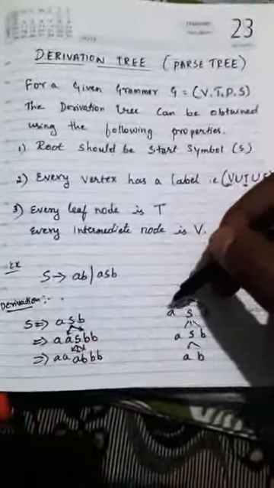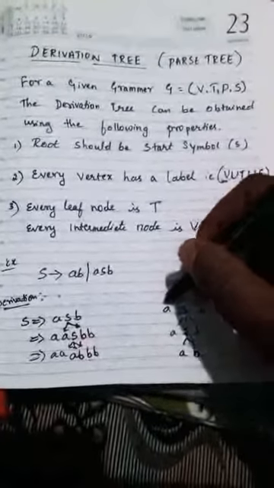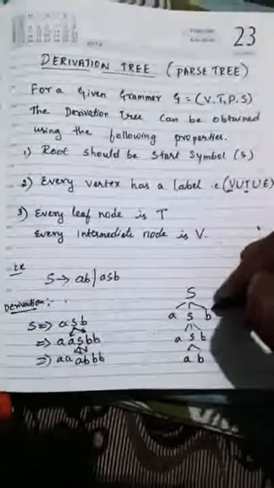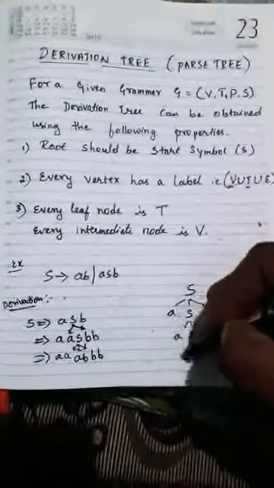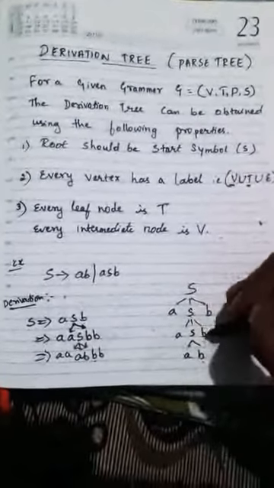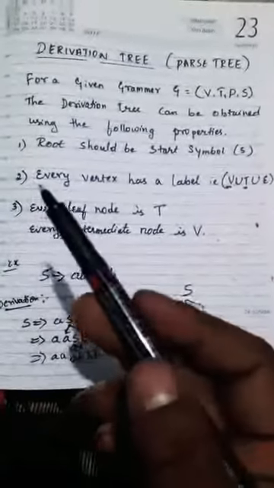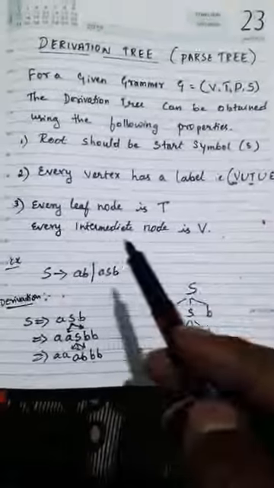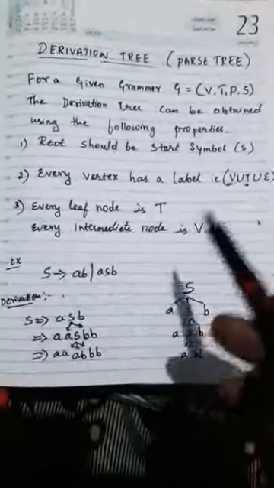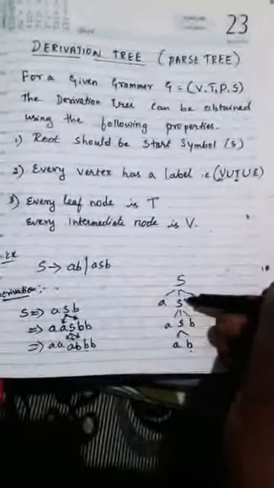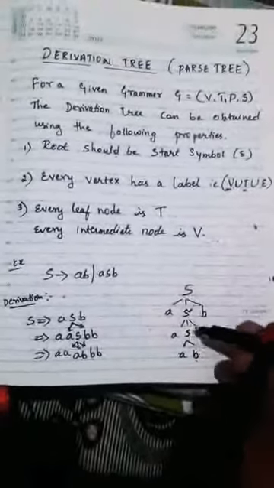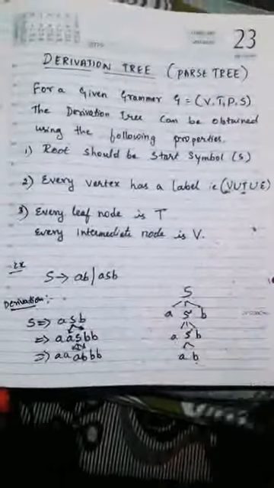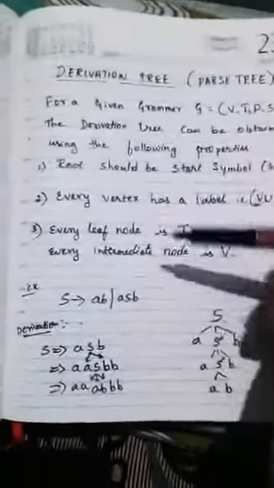All the leaf nodes should be terminating symbols, and every intermediate node should be a variable. So these are the conditions we should know.